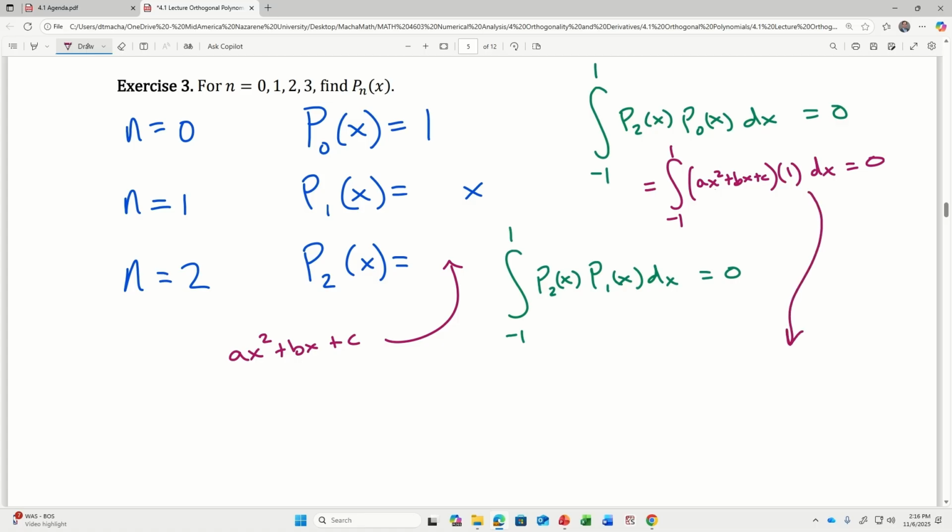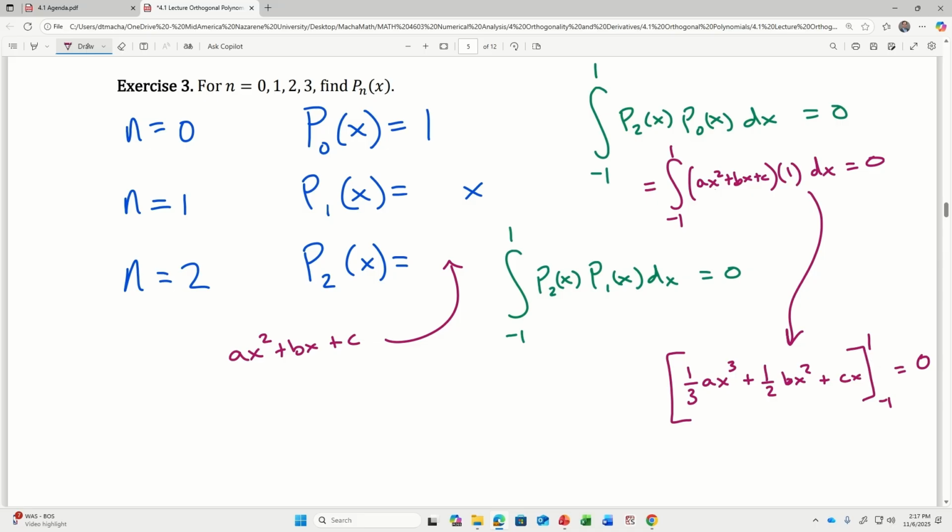If I go ahead and take the antiderivative, I get 1/3 ax cubed plus 1/2 bx squared plus cx. And I'm plugging in -1 and I'm plugging in +1. And I want that to be eventually equal to 0. Okay?